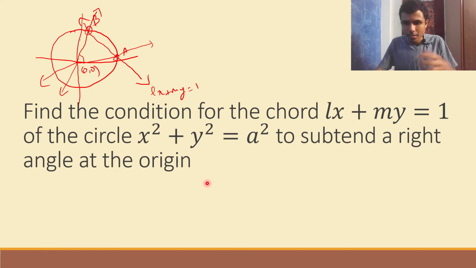This is just a brief: when to apply homogenization is also something you need to know. I know many of you are not interested, but for those of you who are, homogenization is used whenever we want to find the equation to the pair of lines passing through the origin and through the points of intersection of a straight line meeting a curve, like this line meeting this circle.